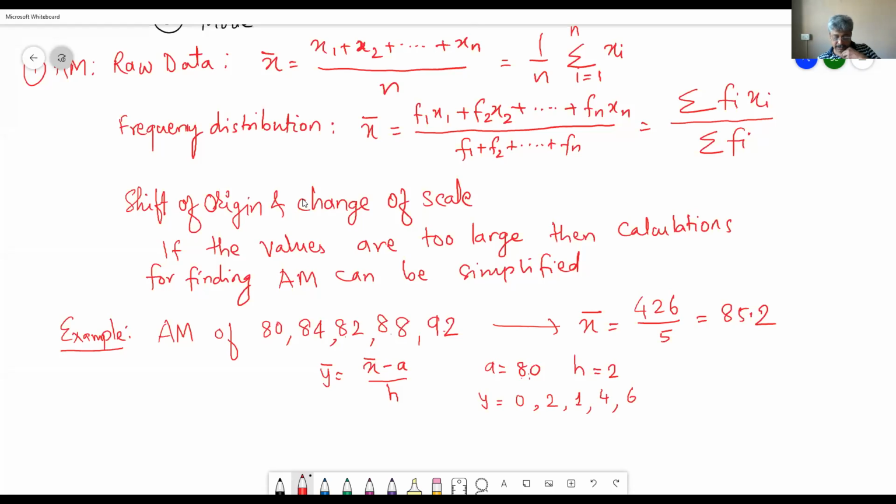Okay, and therefore y bar is equal to 13 upon 5 into 2 plus 80.